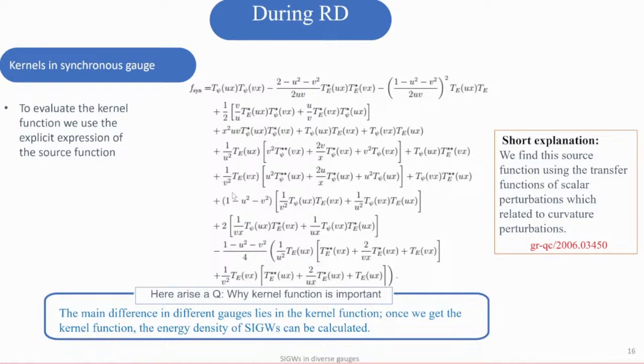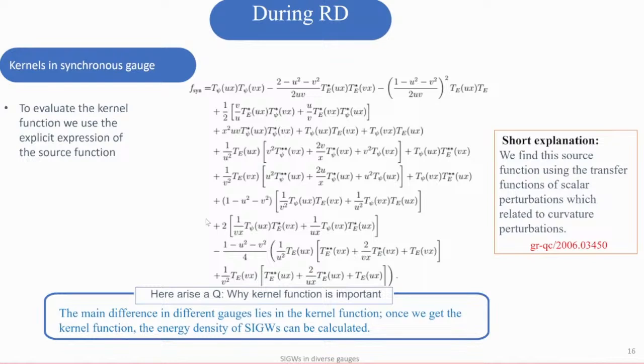Further, to find the kernel function, we use this source function to evaluate the kernel function. Here we find this source function using the transfer function of the scalar perturbation, which is related to the curvature perturbation. The main difference in different gauges lies basically in the kernel function.